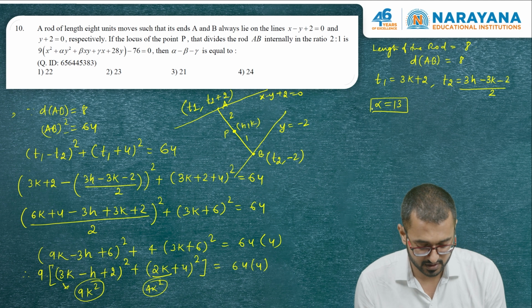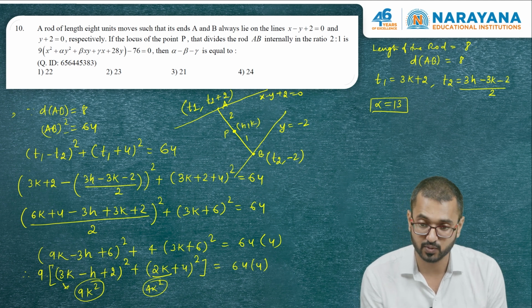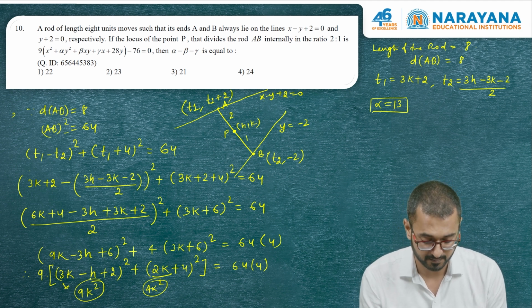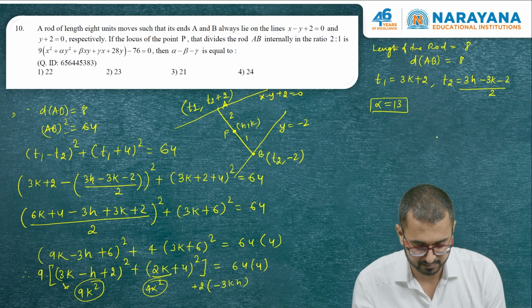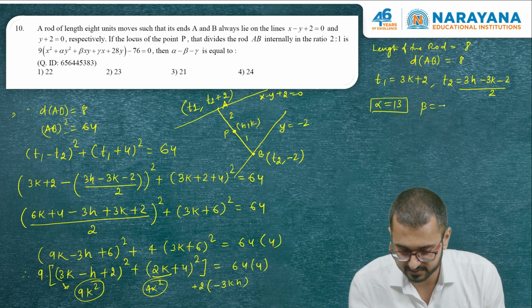That means alpha is going to be 13. We also need the coefficient of xy. So xy we are going to get only in this term, which is basically a square plus b square plus c square, and then plus 2 times this xy term I am writing, which is minus 3hk. So it's going to be minus 6. So we get minus 6 here. That means beta is minus 6.